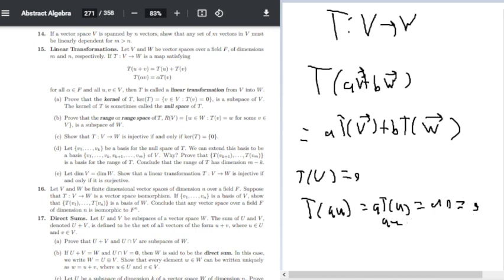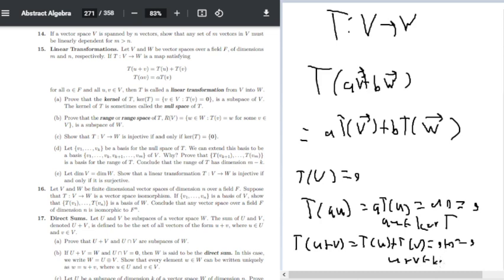So au is in the kernel of T. And we have that T of u plus v for u and v in the kernel is equal to T of u plus T of v. And since they're both in the kernel, it's equal to 0 plus 0, which is equal to 0. So u plus v is in the kernel. So the kernel is a subspace.